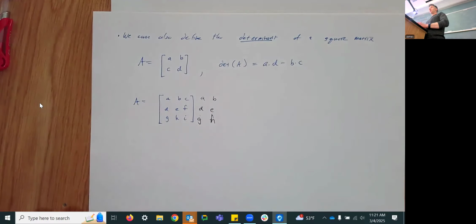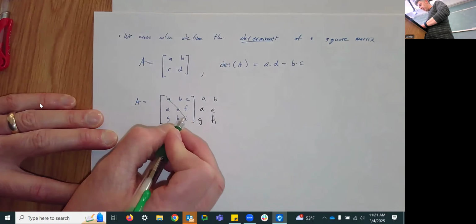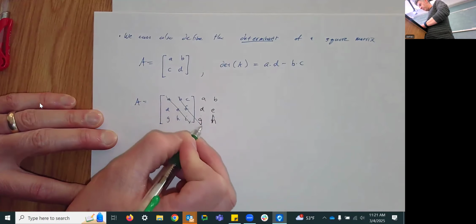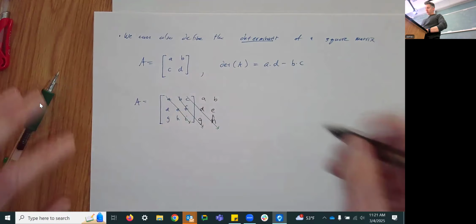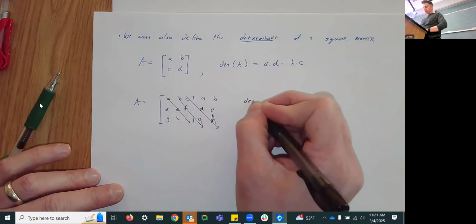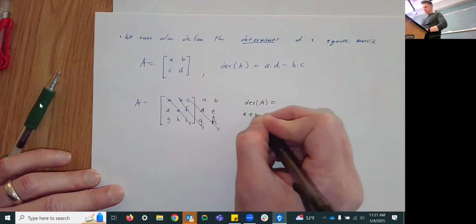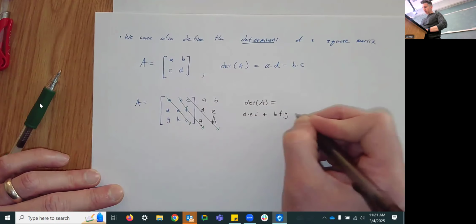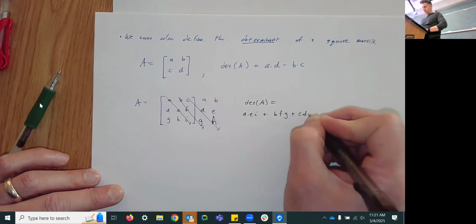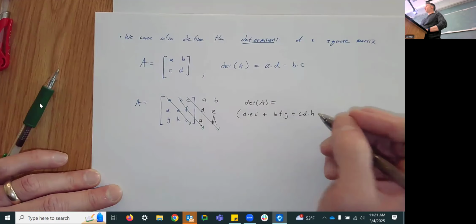We take the product of these things, A times E times I, B times F times G, C times D times H. So here, the determinant of A is going to equal A times E times I plus B times F times G plus C times D times H. It's like, is that a horn or a bird?